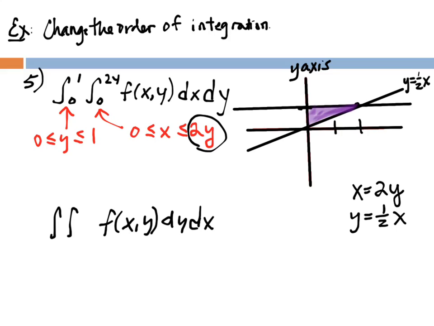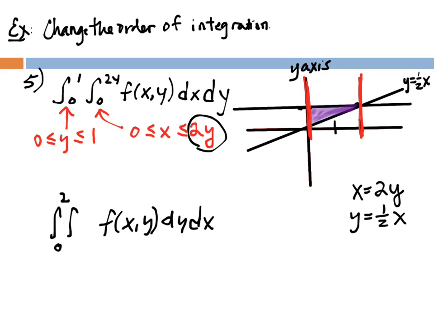Let me back up and ask the question a different way. Let's talk about x. What are the numerical limits of integration on x? 0 and what? 2? I think so. So 0 and 2 are going to go on the outside. So my x value is going to start at 0 and go out to an x value of 2.